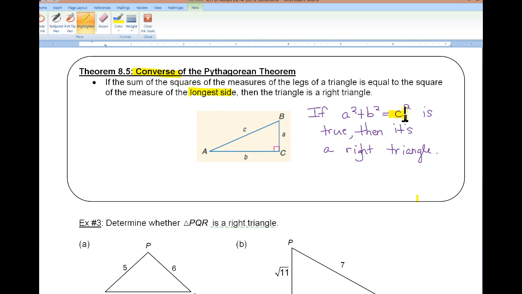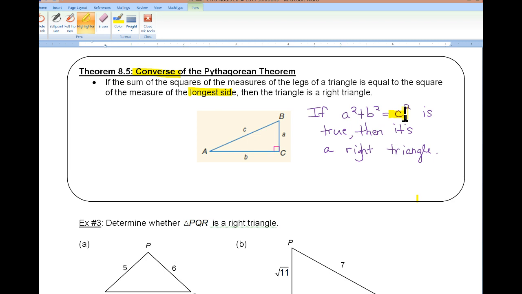Okay, so take a look. Does that make sense? Any questions about that? So when you're comparing how c squared is related to a squared and b squared, if c squared ends up being less than a squared plus b squared, it's acute.